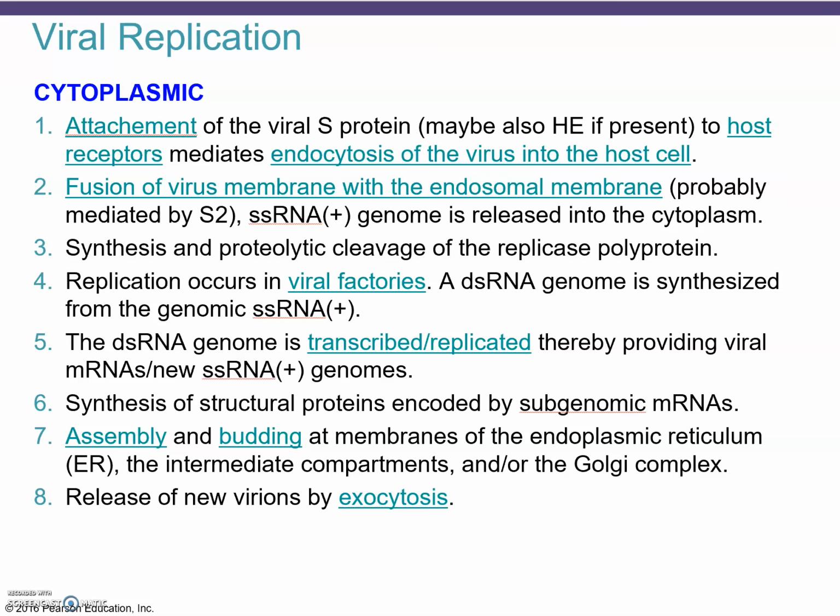Then the cells start to become viral factories, making more viral RNA, in this case, the plus strand RNA. And then in the end, we're going to have synthesis and assembly of the viral particles. Once the viruses have been assembled, they will be budding from the host cells and will be released by exocytosis.